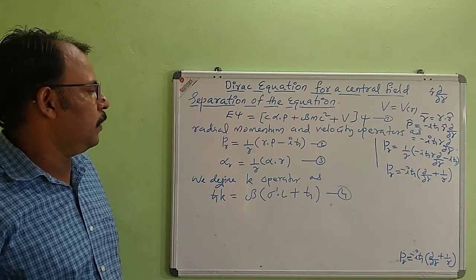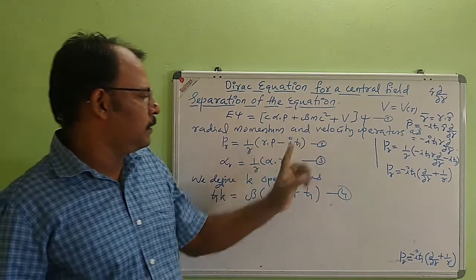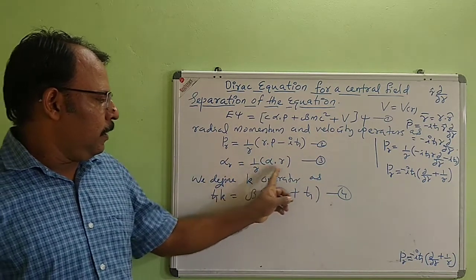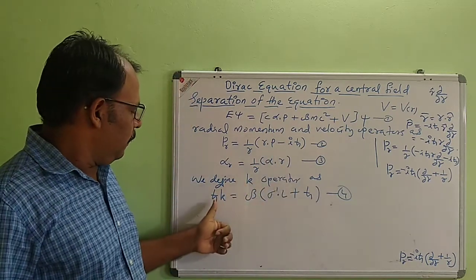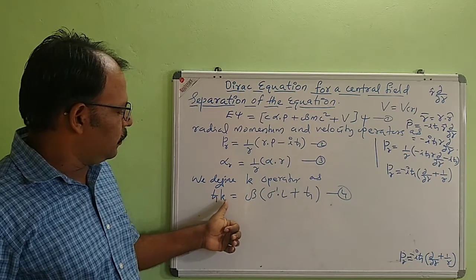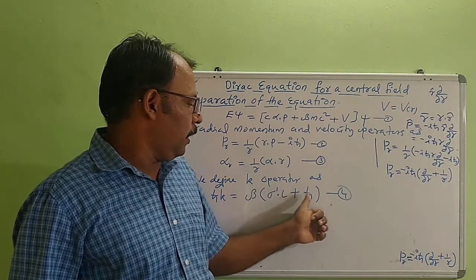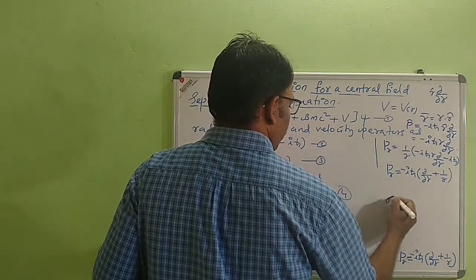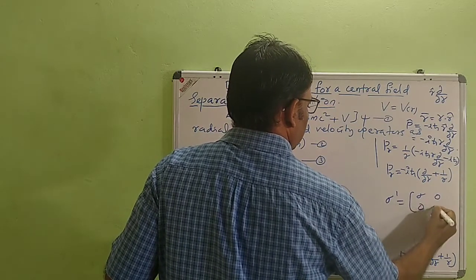So we defined the new operators: radial momentum P_r equal to 1 by r, r dot P minus i h bar; then alpha_r as 1 by r, alpha dot r; then a new operator K, defined as h bar K equal to beta sigma prime dot L plus h bar. We know sigma prime is the matrix sigma 0, 0 sigma.